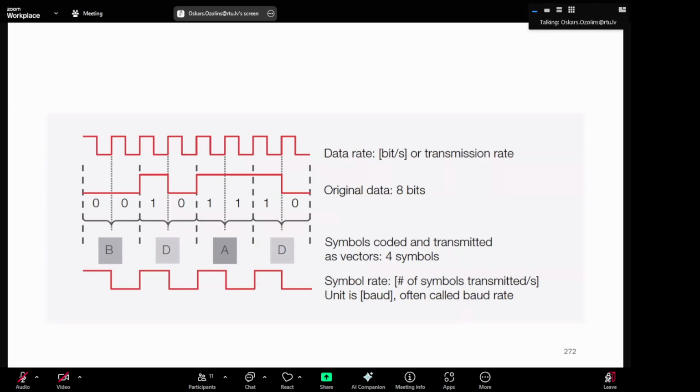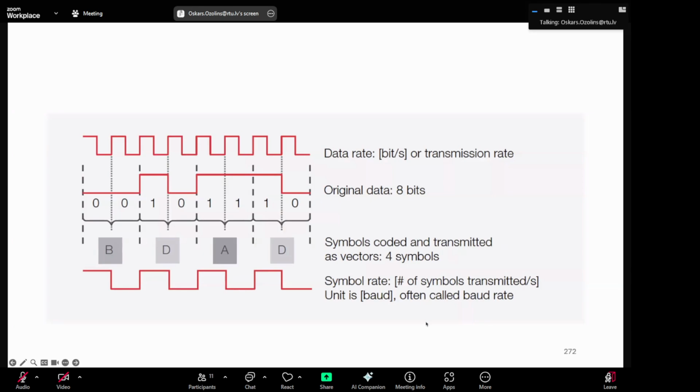but that is not completely accurate. When you call something which has a unit of baud, then it sounds like baud rate. So more accurate is to call it a symbol rate and use a unit baud. And then you can distinguish that in this case the baud rate is 2 times smaller than the symbol rate.